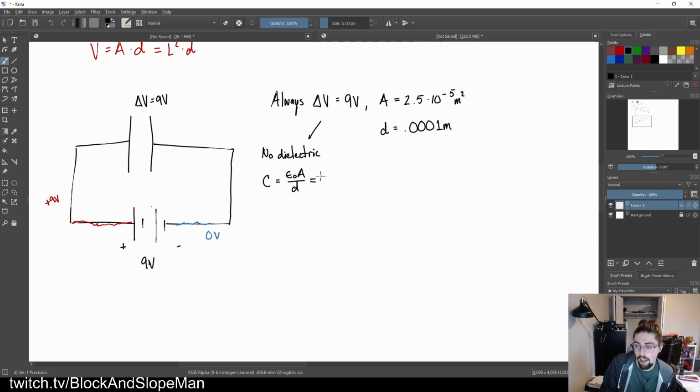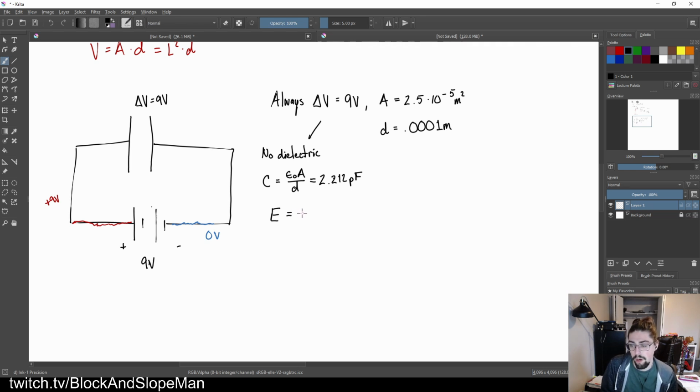So I plug all of those numbers in, and what do I find? 2.212 picofarads. A very tiny amount. Potential difference, still 9 volts, not changing. The electric field? Well, it's a parallel plate capacitor. It's a uniform electric field the entire time, going from one plate to another.